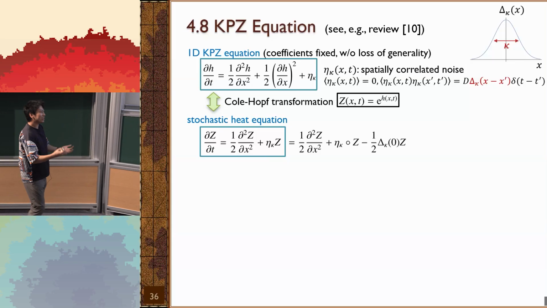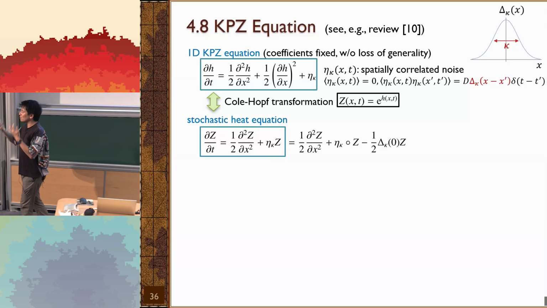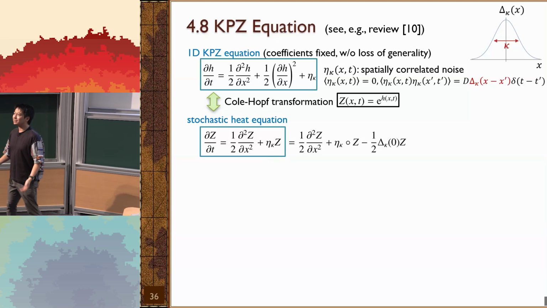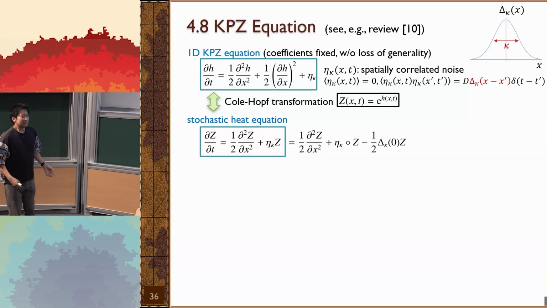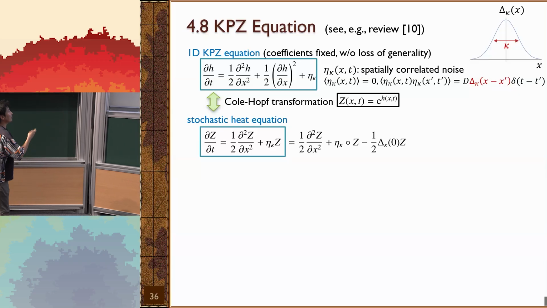Then we can use knowledge from quantum mechanics: we can express the wave function by a path integral, Feynman's path integral. There is a stochastic process version of the Feynman path integral, called the Feynman-Kac formula.